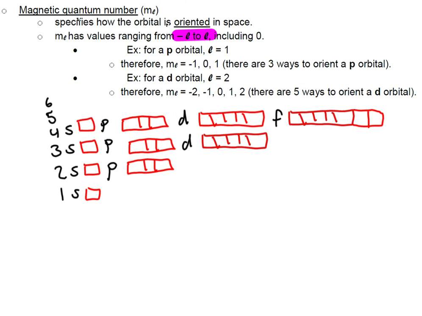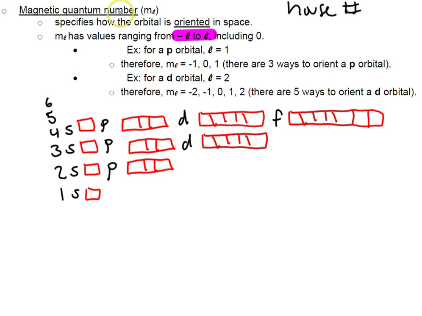Our next magnetic quantum number is our next number, and it's abbreviated with an M sub L right here. This is again getting more specific. This is representing the house number in our address analogy.